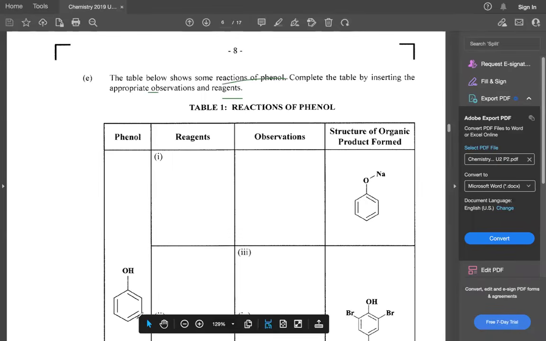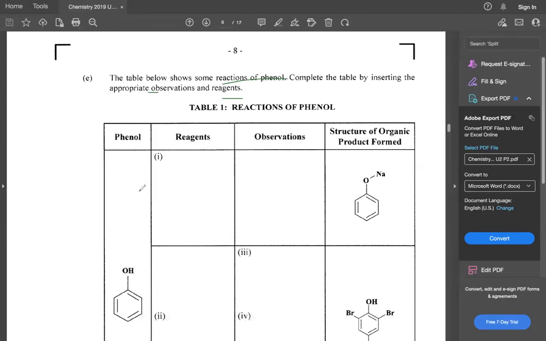And so the kinds of reactions it can participate in are those related to the aromatics, or to the benzene ring, as well as the functional group that is OH up here. In the first case, we're seeing a conversion of this phenol into this salt, a phenolic salt, where Na is attached.